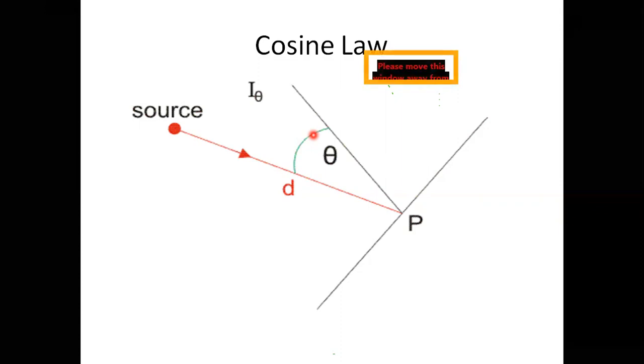It means theta is the angle between the direction of the incident light and the normal to the plane. So we can say E, the illuminance, is equal to I theta by d square into cos theta. Here the angle is theta, so we have to go for cos theta.